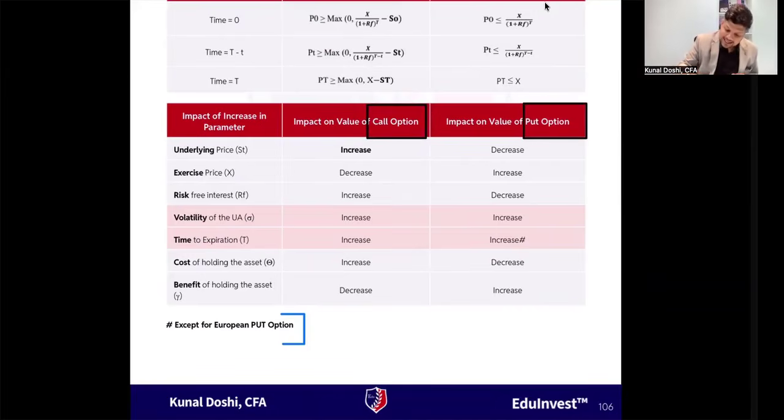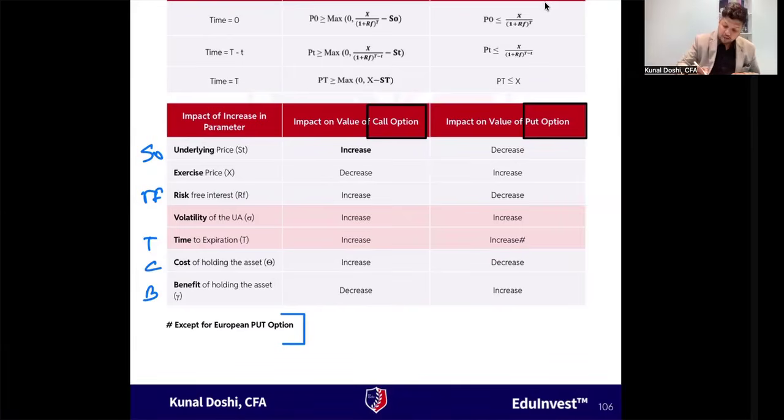So underlying asset, exercise price is the opposite relation, but underlying asset increasing will benefit the call because the price goes up. Risk free rate also, time also: benefit no, benefit reduction, cost yes, right?